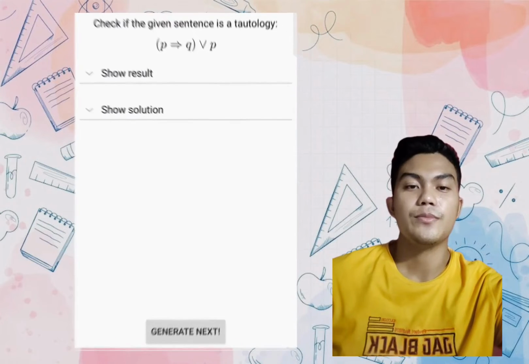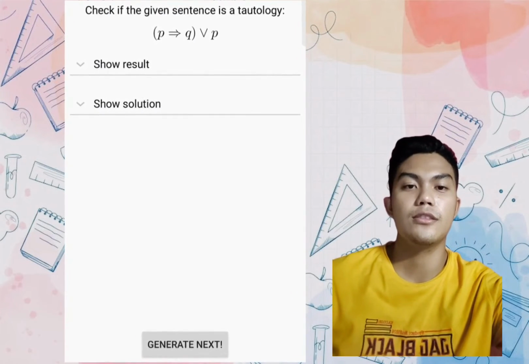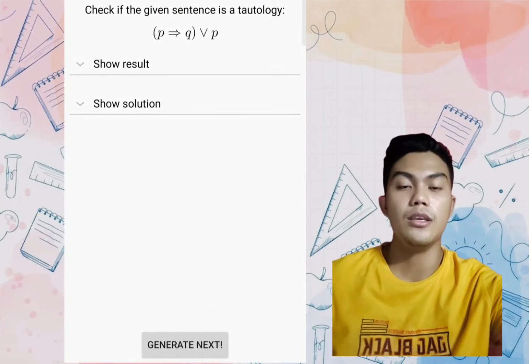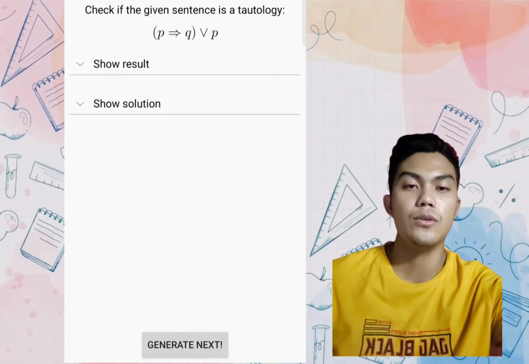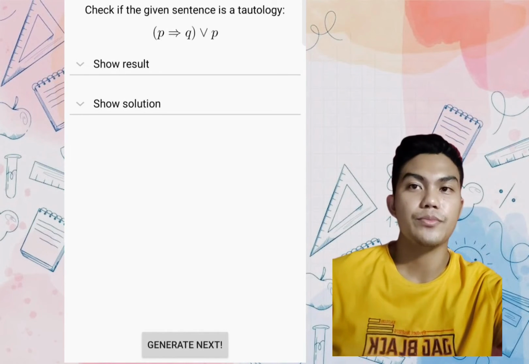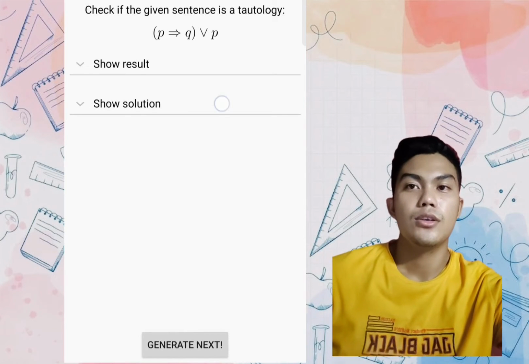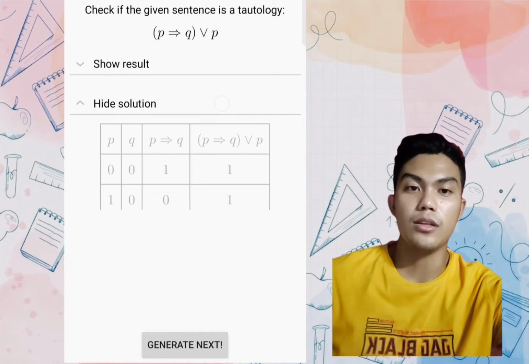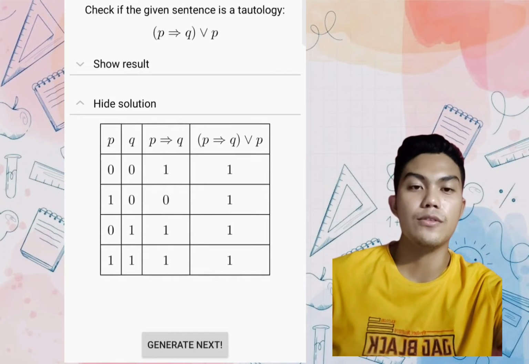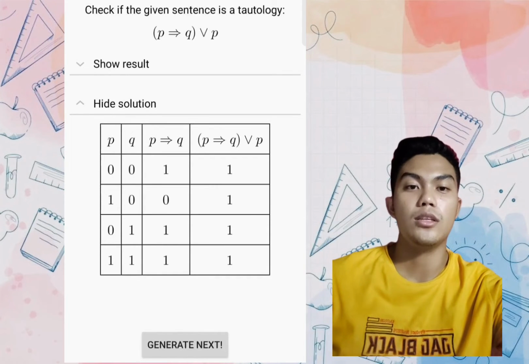So let's begin. Let's see if this given sentence, P if then Q or P, is a tautology. P is 0101, Q is 0011. Let's assume that 0 is false and 1 is true.